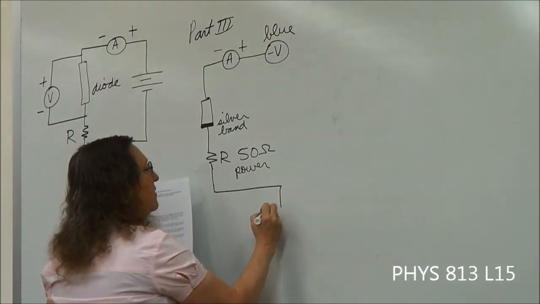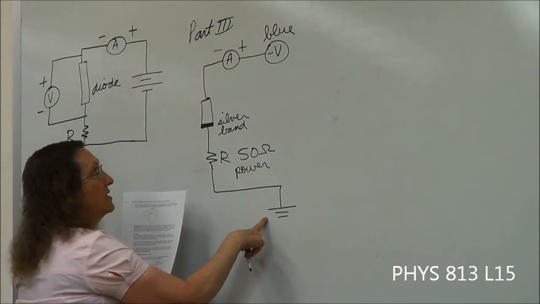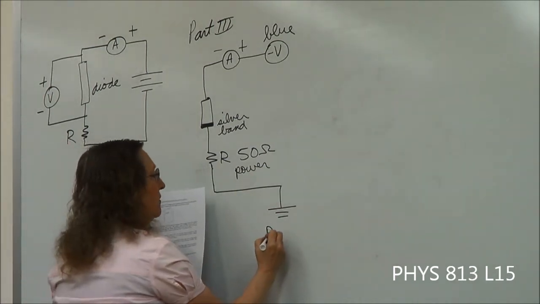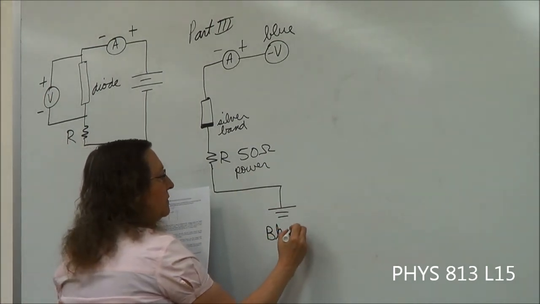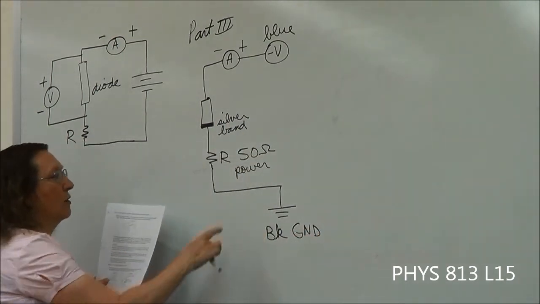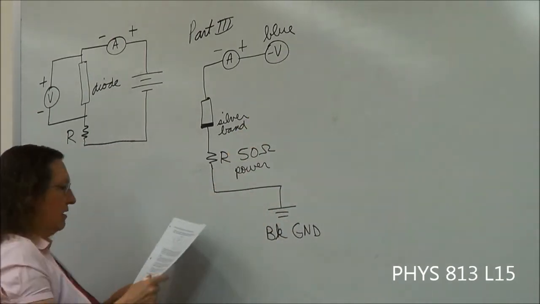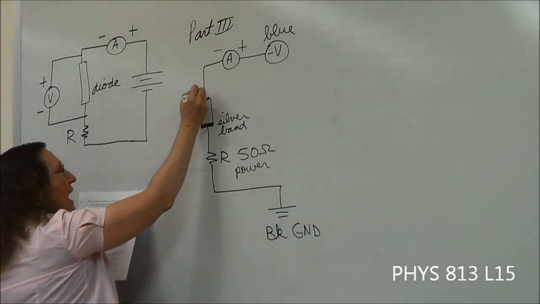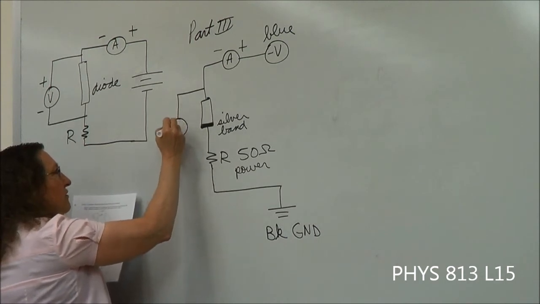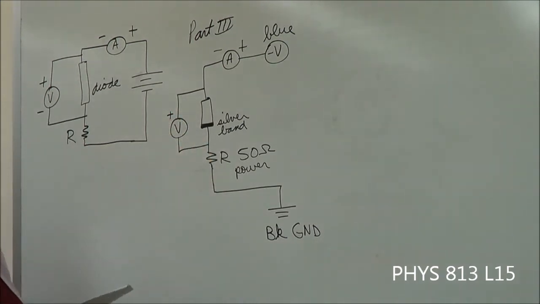Okay, then we're going to connect to ground. So this is the black terminal called GND, also in the upper right hand corner. I decided not to draw this around up here. I kind of like it like that. And then we're going to put our voltmeter over here with the plus side there and the minus side there. Okay.